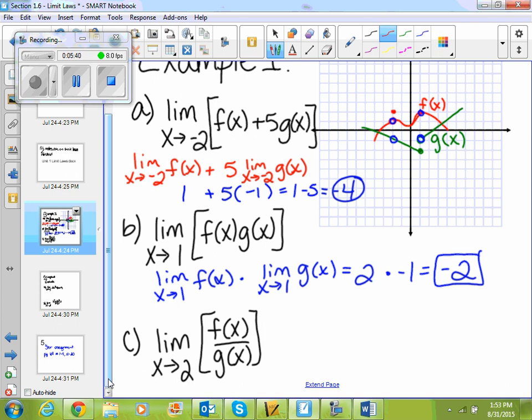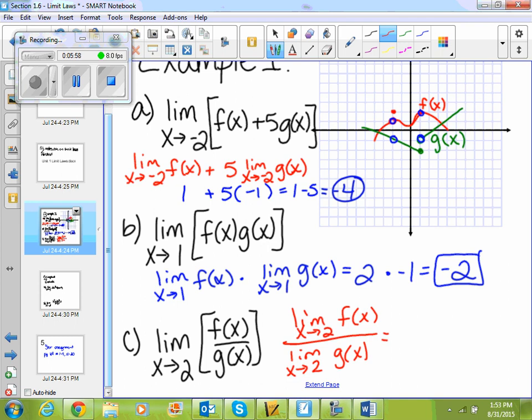Then lastly, if I want to do the same thing for this fraction, I know that I can evaluate the top and the bottom separately, as long as the bottom doesn't equal 0.